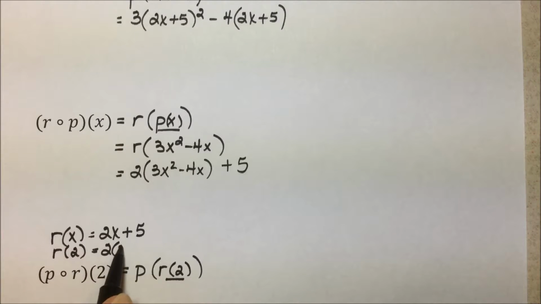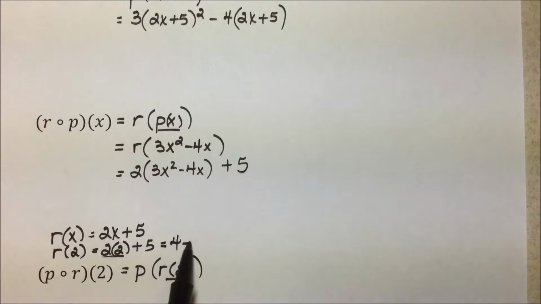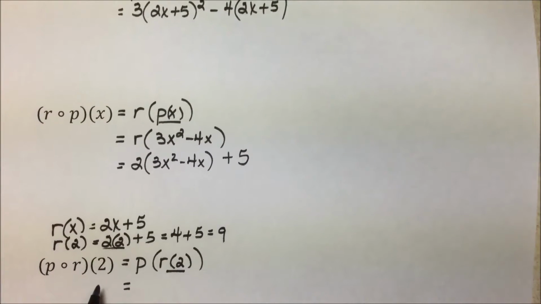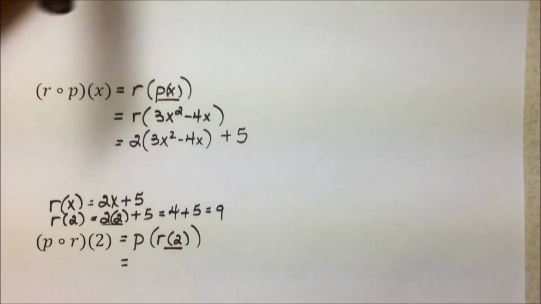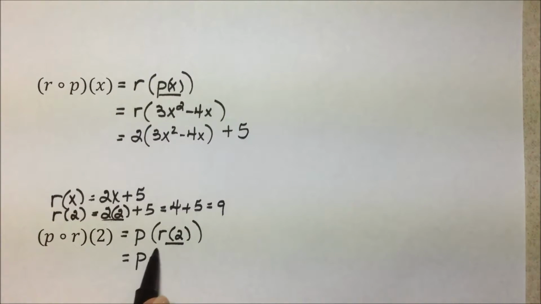So we end up with 2 times 2 plus 5. Multiplying first, we get 4 plus 5, which ends up giving us a 9. So since r of 2 has a value of 9, we can simplify our composition function by putting a 9 in place of the function.